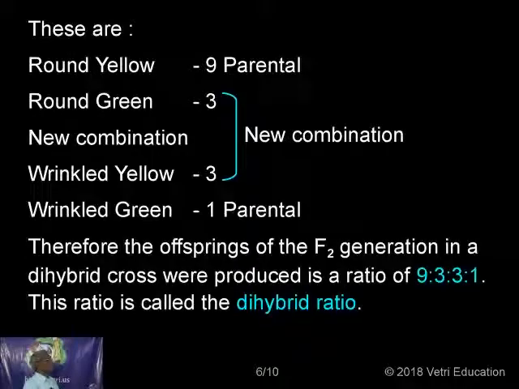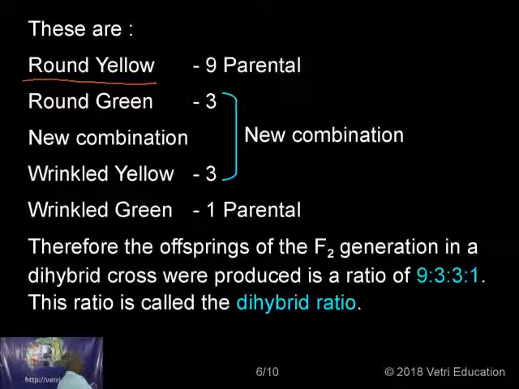See, these are yellow round 9. We took a yellow round and then crossed it with a green wrinkled variety. So this yellow round and green wrinkled are called the parental varieties.